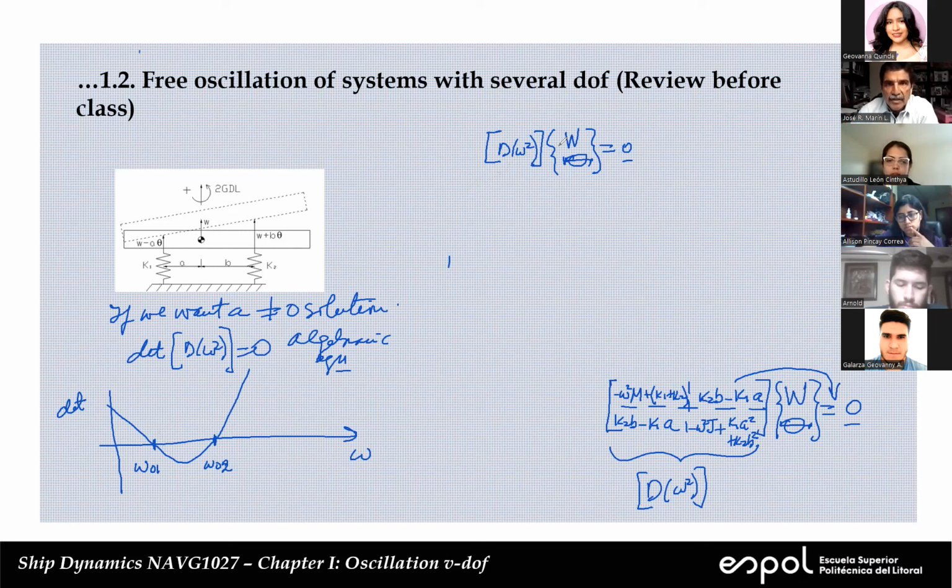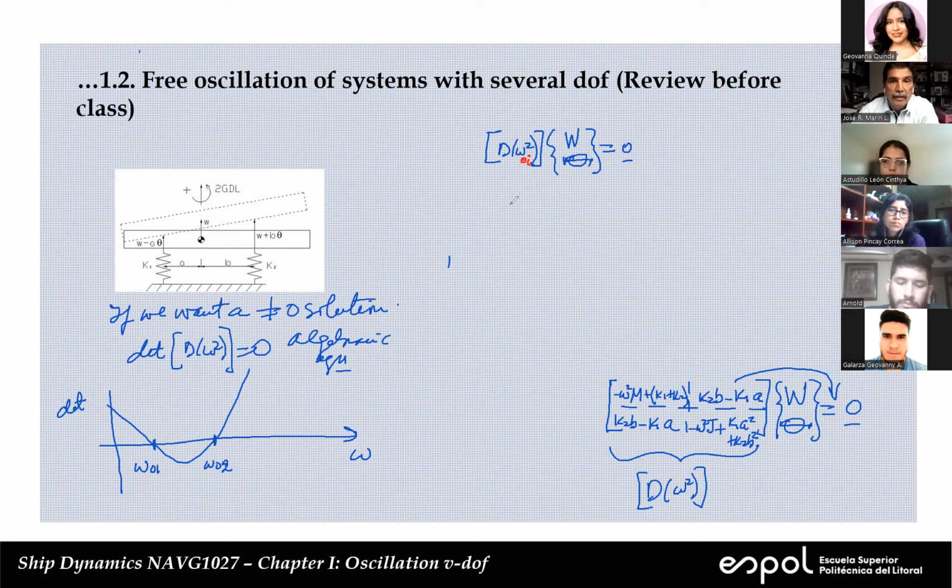That means that the first equation, only when you replace one of the natural frequencies, remember, in that case the determinant is 0, is equal to the second multiplied by a constant. So right now, when you replace for one of these two values, the determinant is 0, and you cannot solve this system.